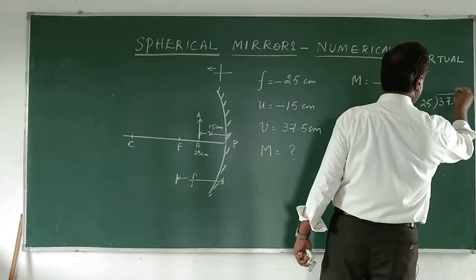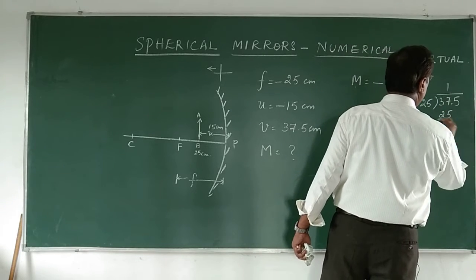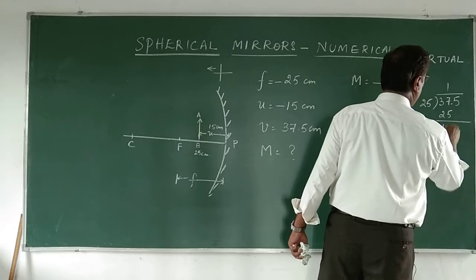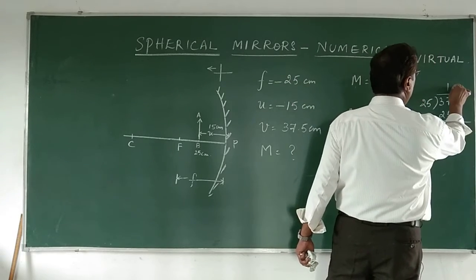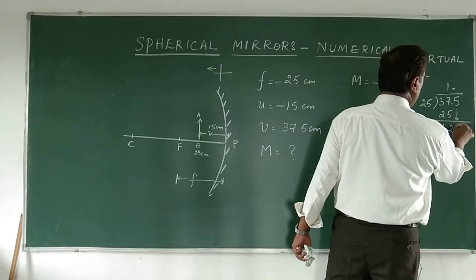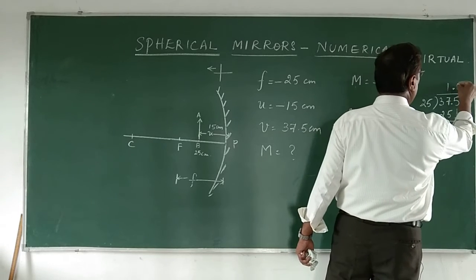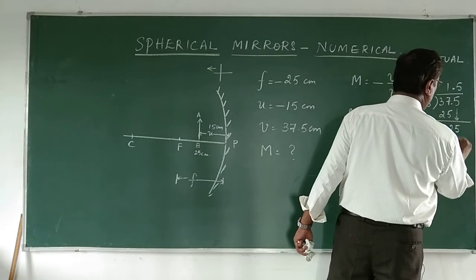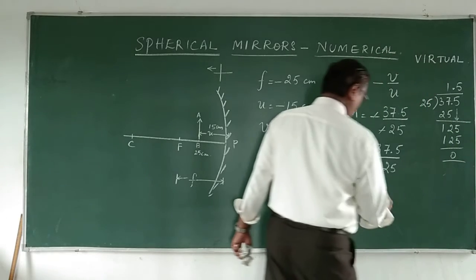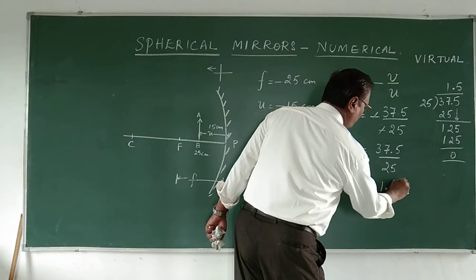Okay, so this will go one time, that is 25. So remainder is 12. Okay, and I will put a point here. So directly I will pull it down here, and this will go 5 times. 5 times 25 is 125. So 0. So the magnification is 1.5.